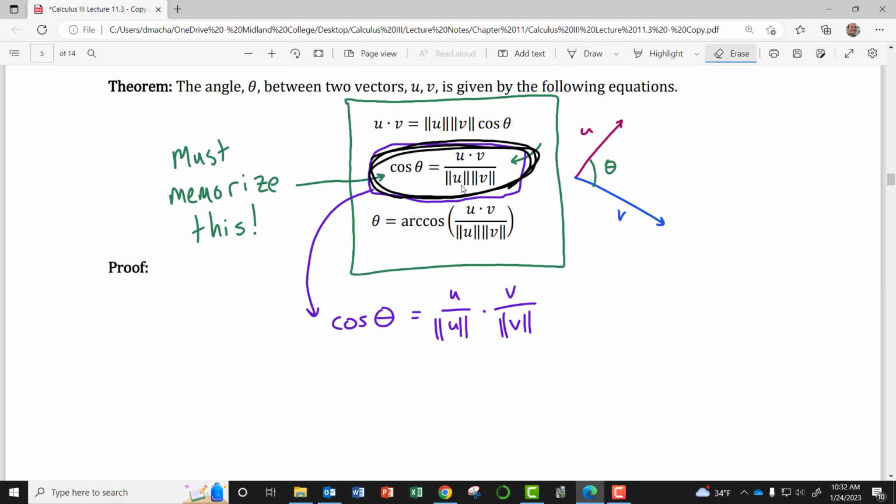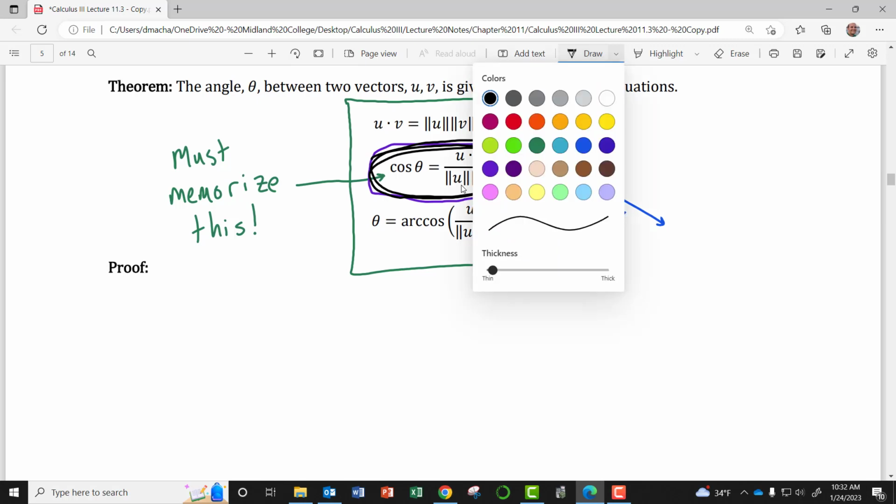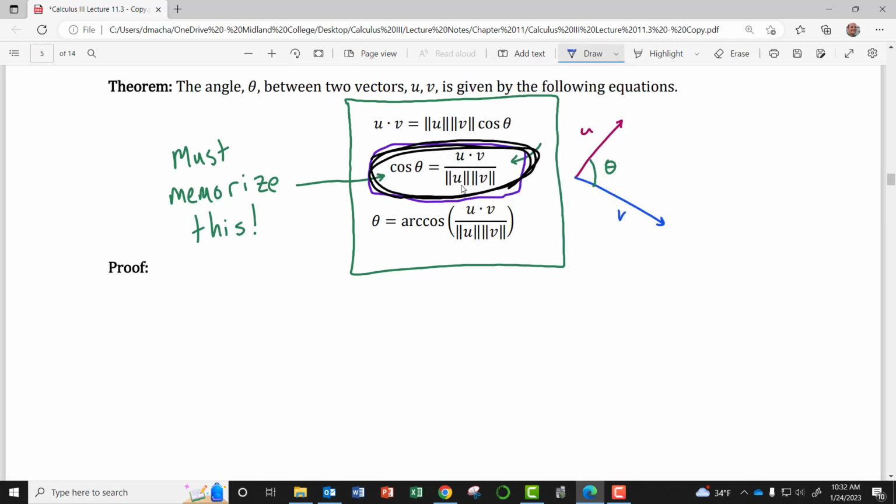But what I would like to do now is show you the proof of this. How do we know for sure that this formula really does give us that theta, the angle between these two vectors? So I'm going to begin with this picture I have over here of my vector u and my vector v.